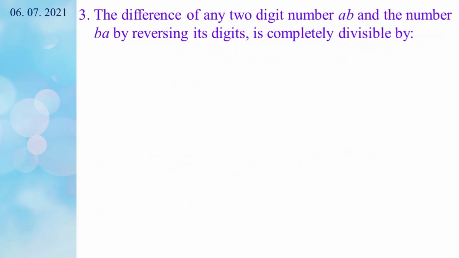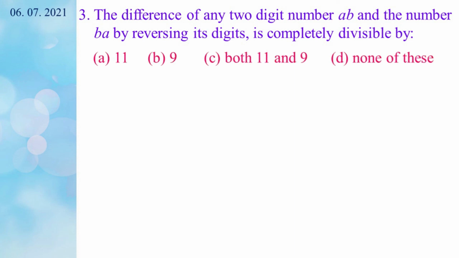Next question, the difference of any two-digit number AB and the number BA, formed by reversing its digits, is completely divisible by option A 11, option B 9, option C both 11 and 9, option D none of these. Which is the correct answer? Yes, option B, 9 is the correct answer.